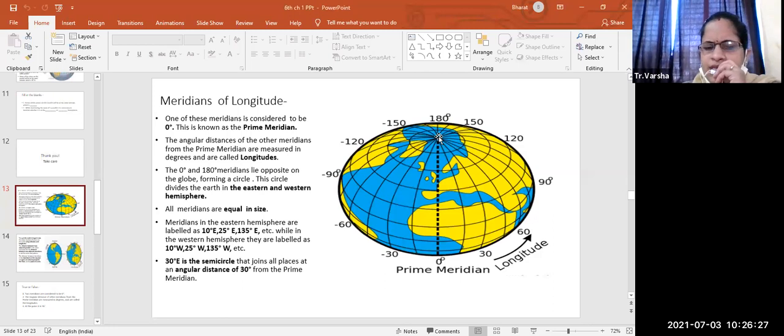So these are forming an angle of 30° everywhere. In 60°, it will make 60° on the eastern side and another 60° on the western side, so they will make a semicircle. Everyone knows about the semicircle and how it forms.